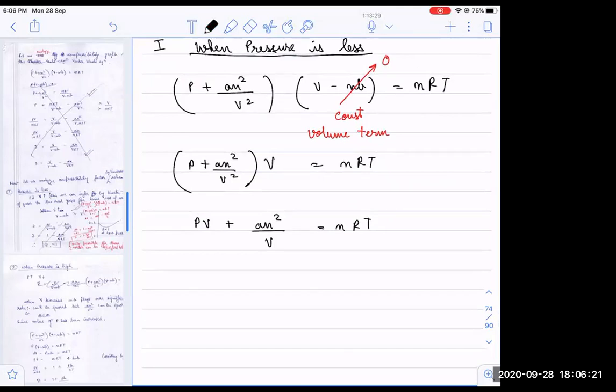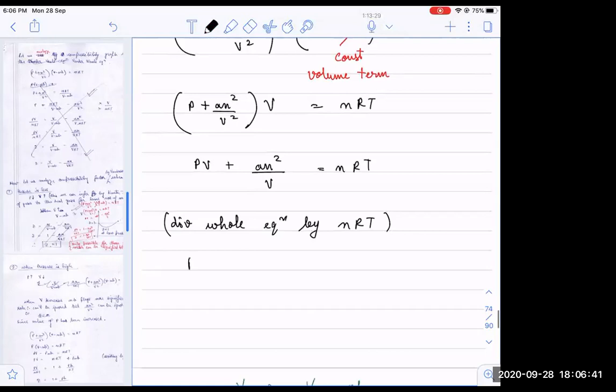I am going to divide this whole equation by nRT. Then what we'll get? PV by nRT plus an square by V nRT is equal to 1.